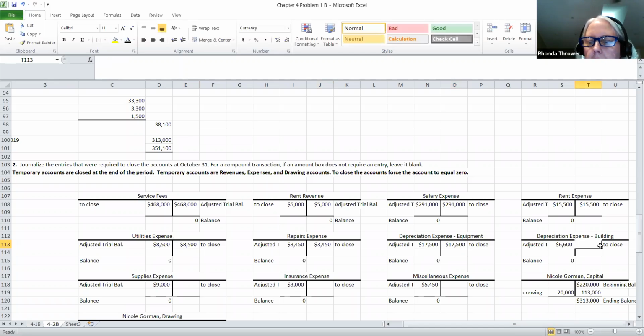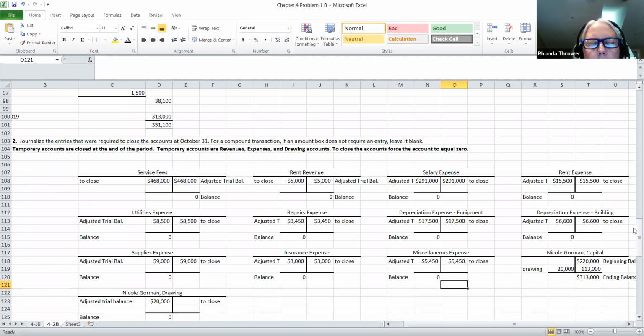We're just crediting each one of our expense accounts to close them out. This is sort of like a cleanup procedure. And you close out all of your revenues and your expense accounts.